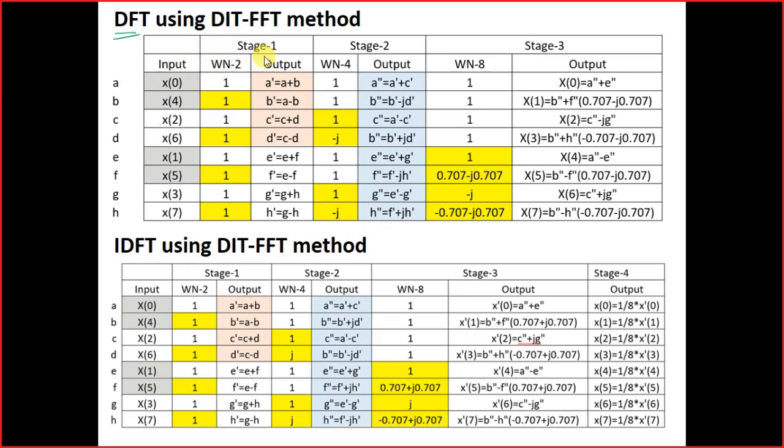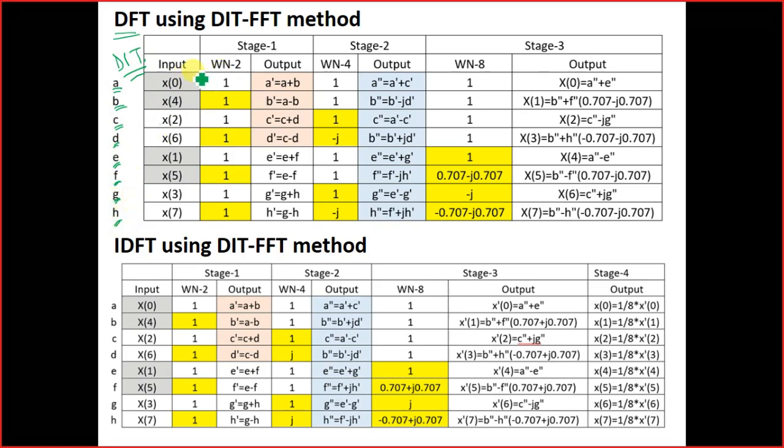So let's say in the stage 1 output, suppose you are having the input x0, x4, x2, x6, x1, x5, x3, x7. So this is in the decimated in time domain, right? Let's say x0 has a value of a, x4 has a value of b, then c, d, e, f, g, h.